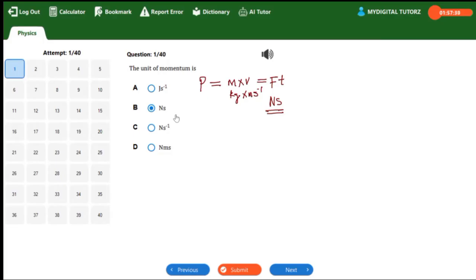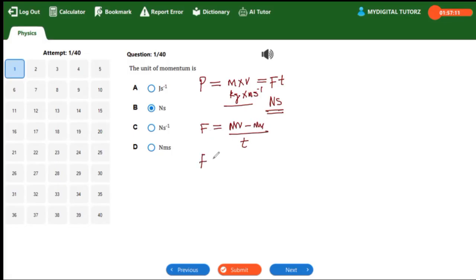Exactly. This is to tell you that another unit for momentum can be kilogram meter per second, but it is the same thing as impulse. If you remember the second law of motion, the rate of change of momentum is directly proportional to the applied force and takes place in the direction of the force. So we have F is equal to mv minus mu all over t.